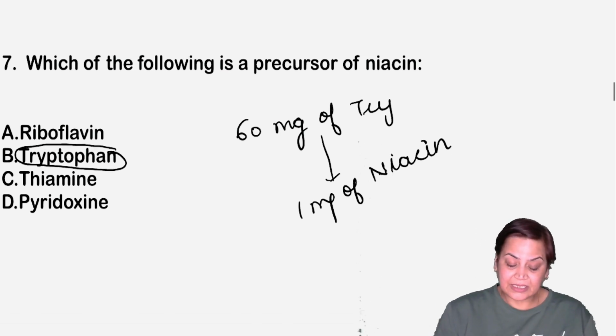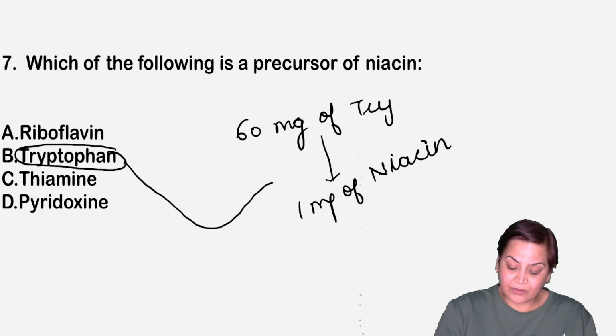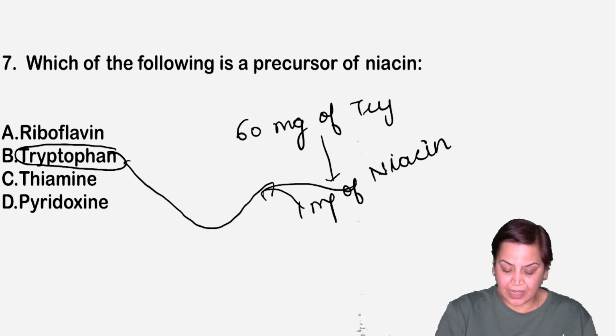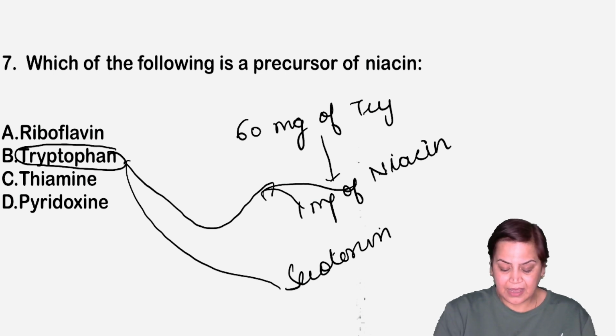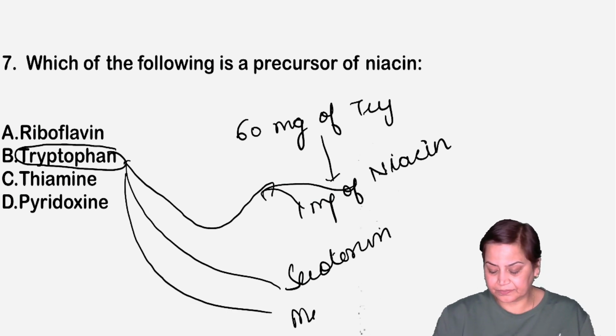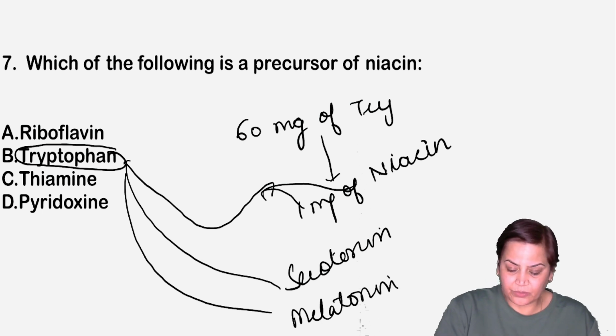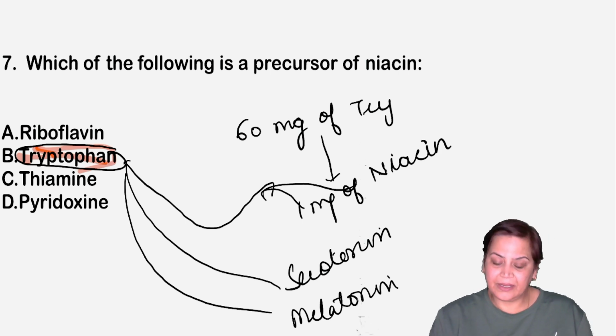And the other products synthesized from tryptophan apart from niacin are serotonin and melatonin. So here the answer is tryptophan. Clear?